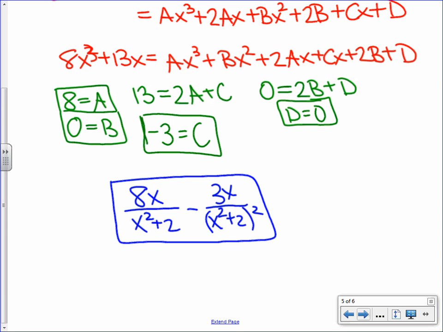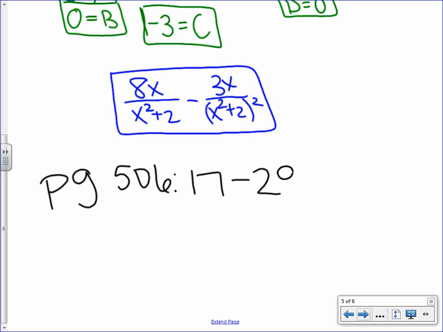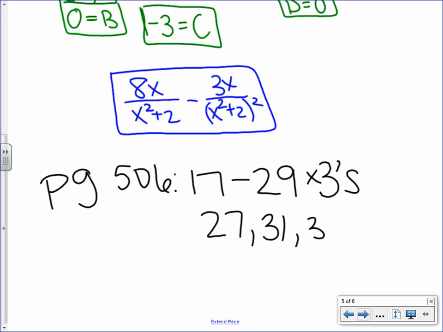Okay, so you'll have to be a little bit patient. There's a little bit more algebra involved, but nothing you cannot handle. Your homework is on page 506, so same page as yesterday. We have 17 through 29 by 3s, 27, 31, and 35.